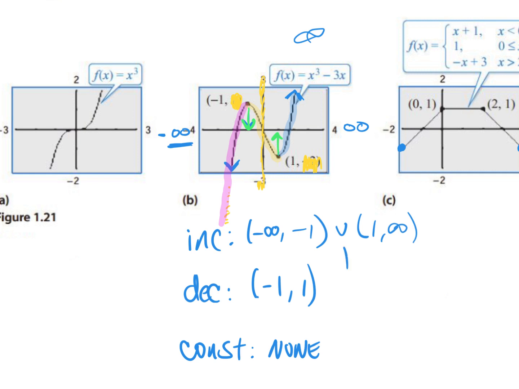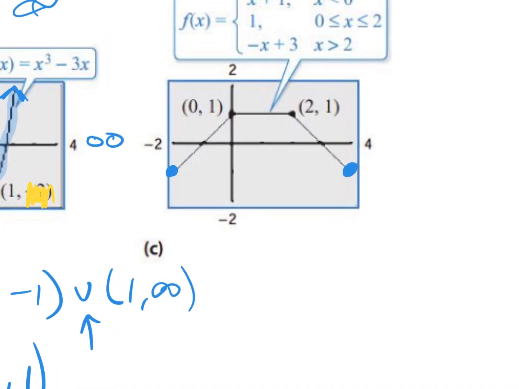What does this mean? Anybody? That's a U for union. It's like saying from here and here. If you write the word and, I'm fine with that. If you write a U, I'm fine. I think in WebAssign, you have to write the U. It just means union.